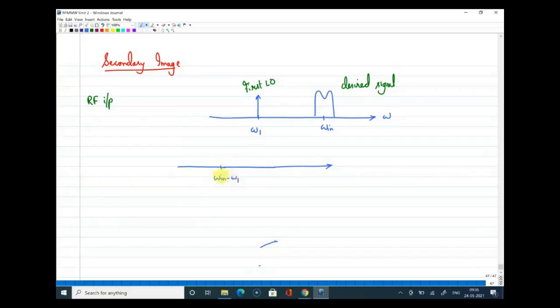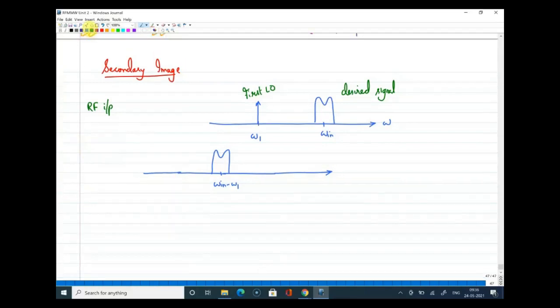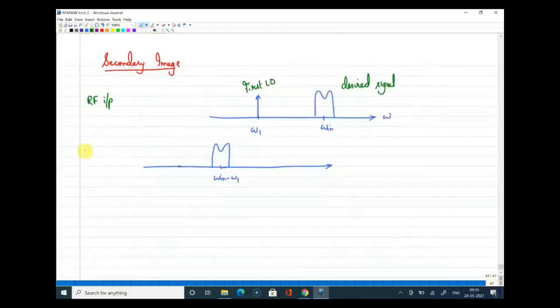This is omega in minus omega 1, and the signal will be down converted to this specific frequency. So this is your first IF output.